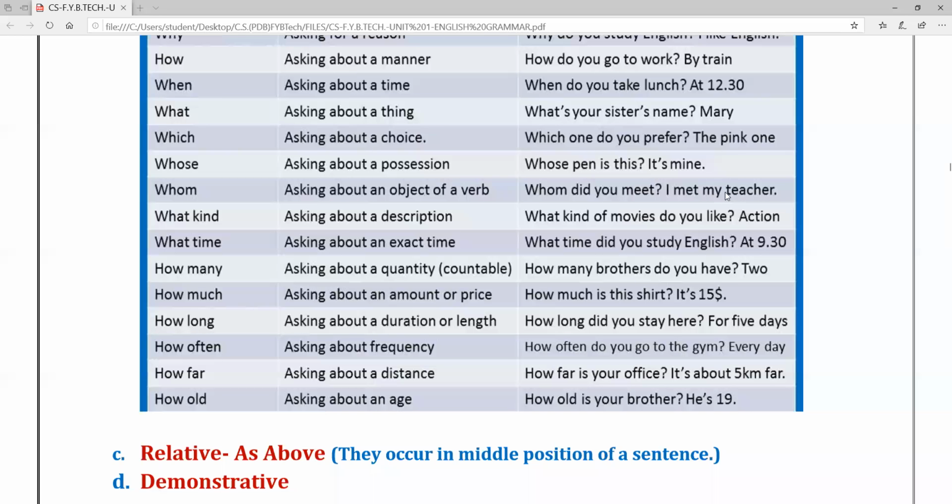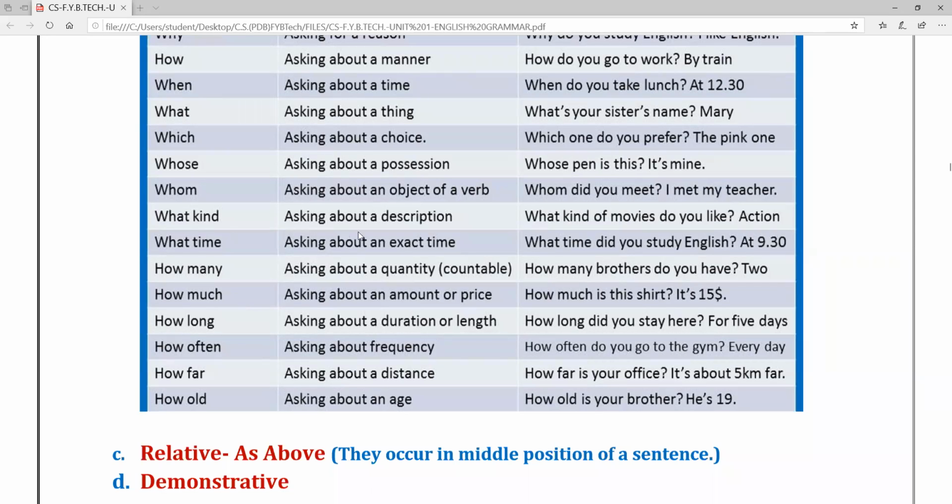Okay, and for asking about the object which came after the verb, we ask it with whom. Okay, whom did you meet? I met my teacher. So here I have to ask whom did you meet? तू कोणाला भेटला? मी माझ्या टीचरला भेटलो.